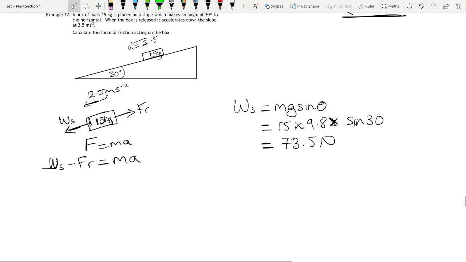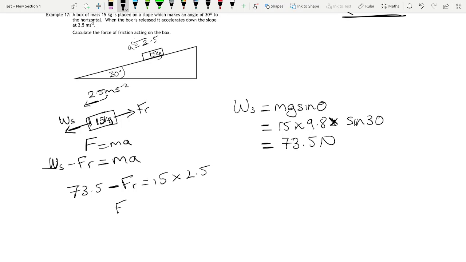Going back to our F equals ma, we've got 73.5 minus the frictional force equals the mass, which is 15, times the acceleration, which is 2.5. So the frictional force will be 73.5 minus 15 times 2.5, which is 37.5. So the frictional force comes to 36 newtons.